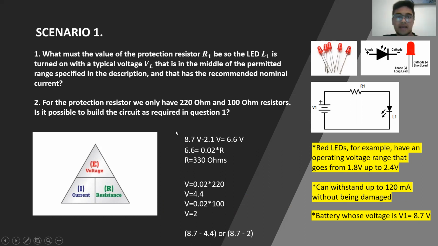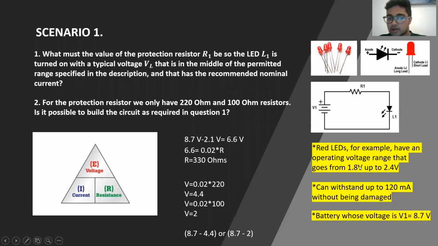So what I did to get the value of R1 is the following. I used Ohm's law as a basis to make my equations, which states that voltage, resistance, and current are all related. First, I analyzed the voltage going to L1: I subtracted 8.7 minus 2.1.